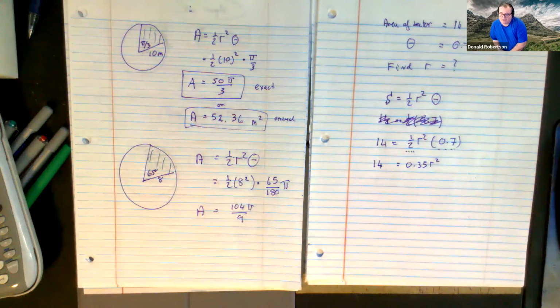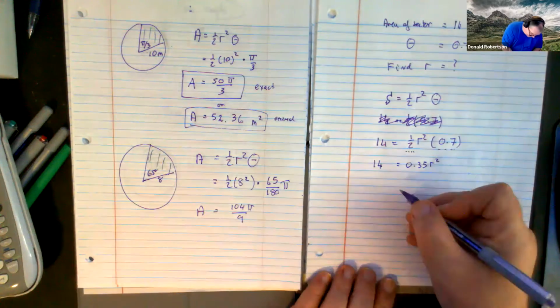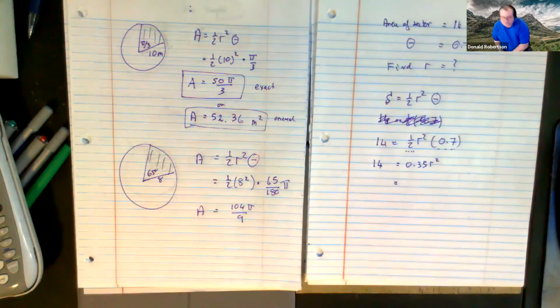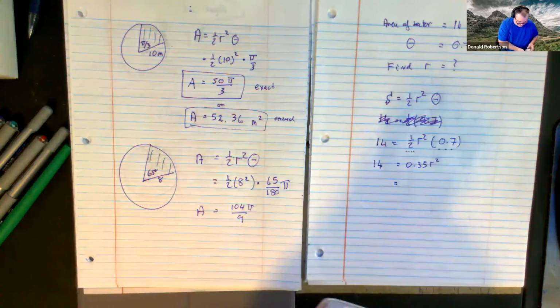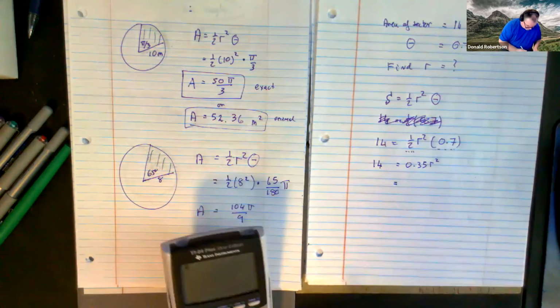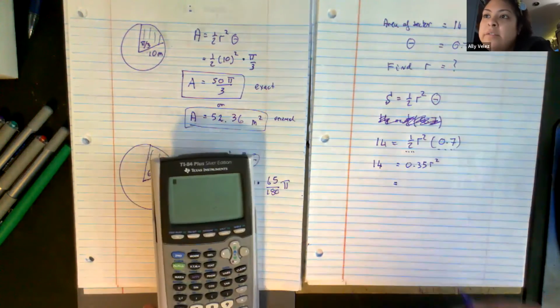Now we need to go and solve for r, right? We're trying to solve what r is. And I have a rule called, as long as you do it to both sides, it's okay rule. So what should I do to both sides to get closer to finding the radius r? Divide by 0.35.